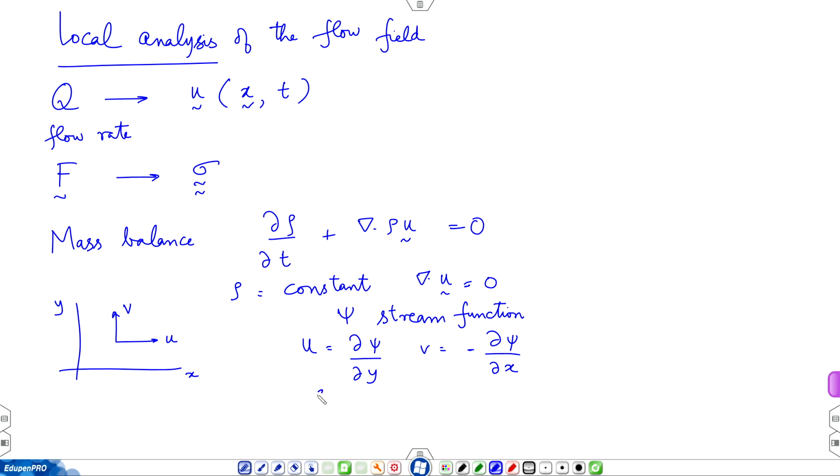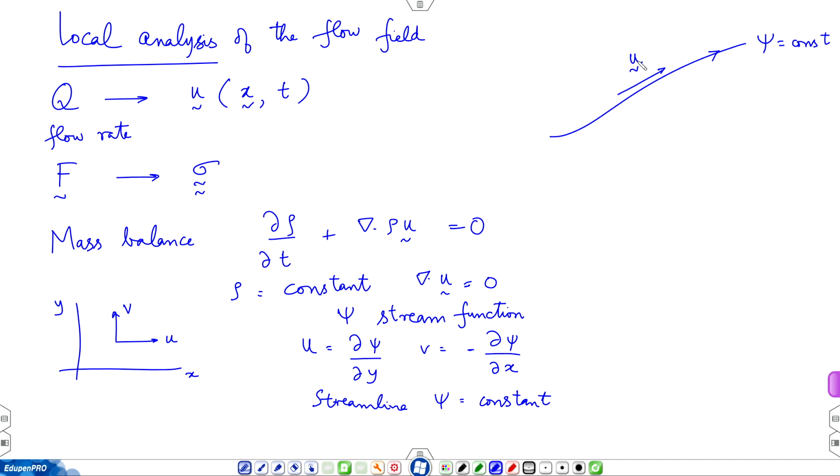So, on a streamline, psi is constant. So, if this is psi equal to constant, then the velocity vector is tangential to it everywhere.